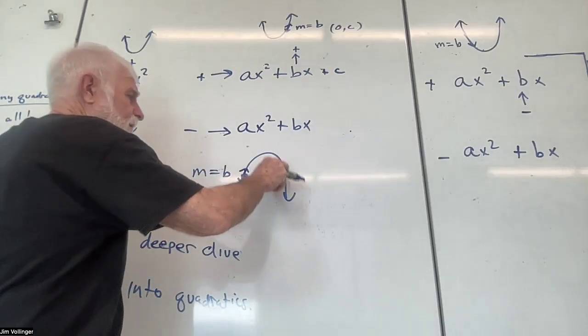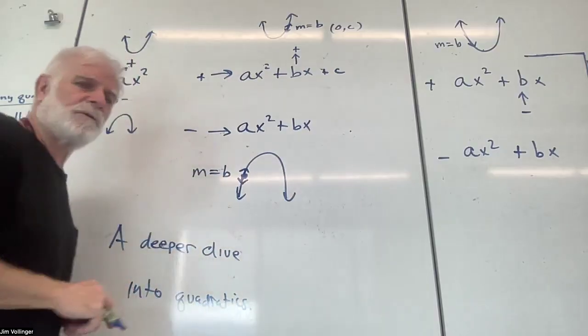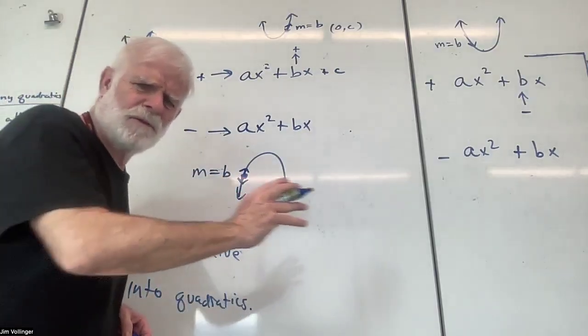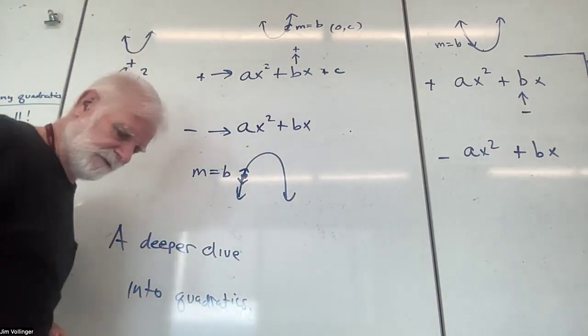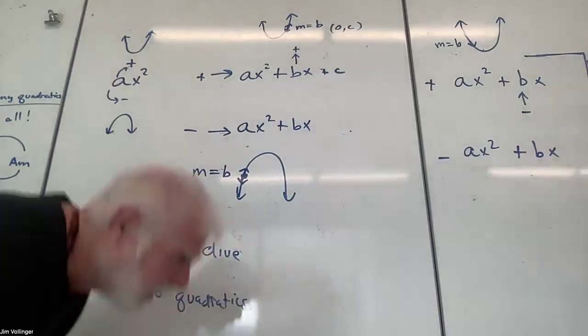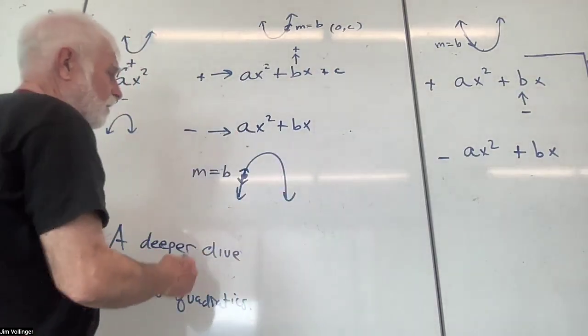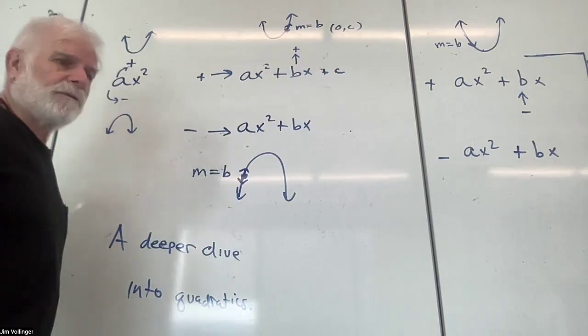Your finger always follows from left to right when we read graphs. It's kind of how your eyes follow reading on a page, left to right. So that's how we read graphs, and it gives me some quick information.